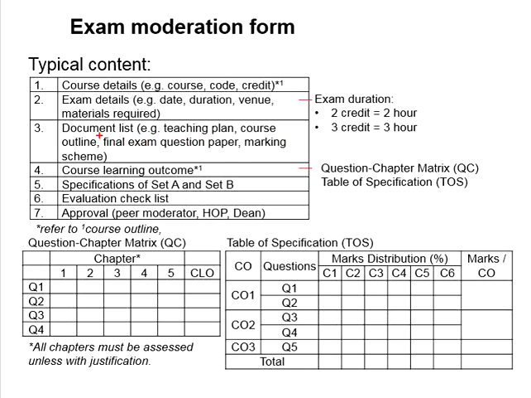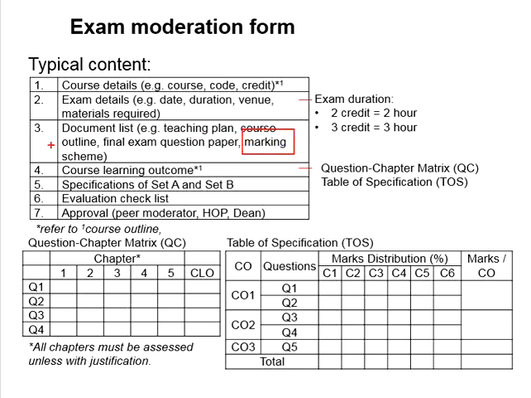And then when you set your final exam papers, they should be in line with the content of the teaching plan as well as the course outline. Not only that, you will need to refer to the course outcomes as stipulated in those documents while setting the final exam papers.